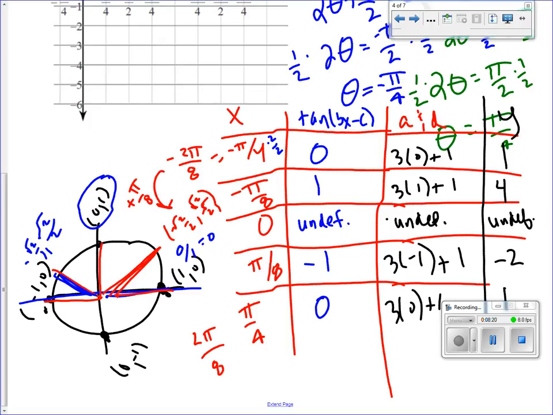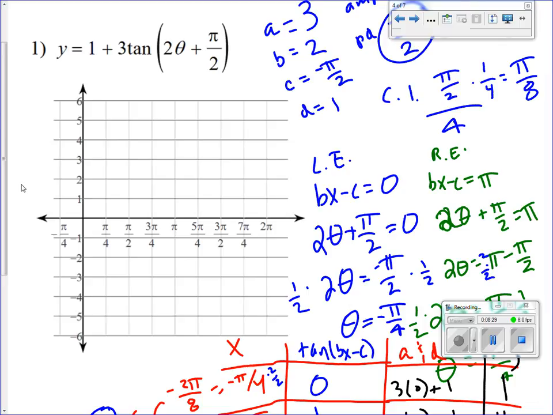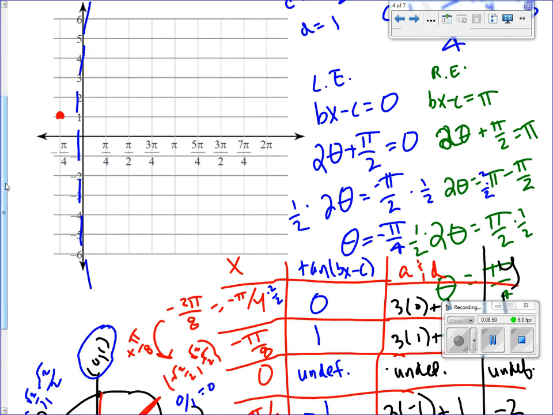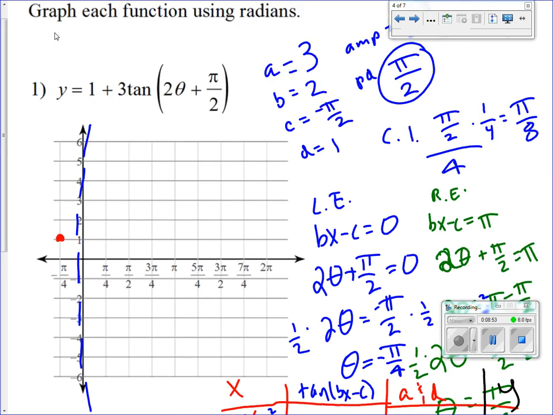So now I'm ready to sketch my graph. So when x is 0, there's my first vertical asymptote. And according to my table, at negative pi over 4, the output is 1. And then at negative pi over 8, which is halfway between negative 1/4 and 0, my output is 4.